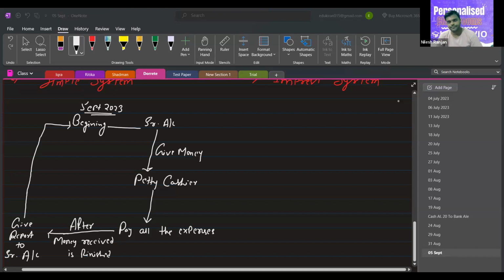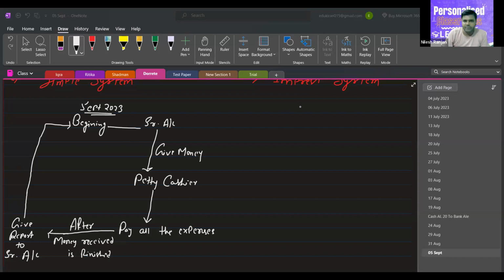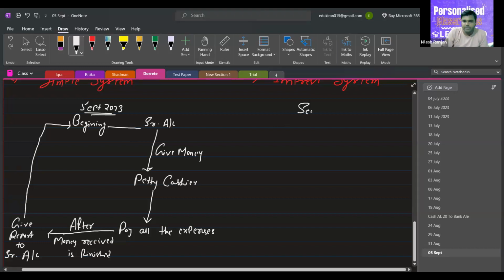Okay. The next thing is the imprest system. Now, in the imprest system, the amount is fixed. In a simple system, the amount is not fixed. You can increase or decrease the amount, but in the imprest system, the amount is fixed. So let's say September 2023.